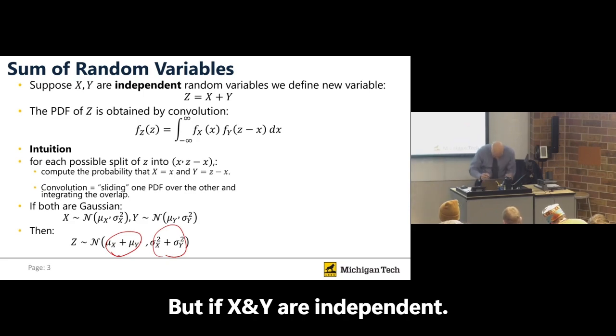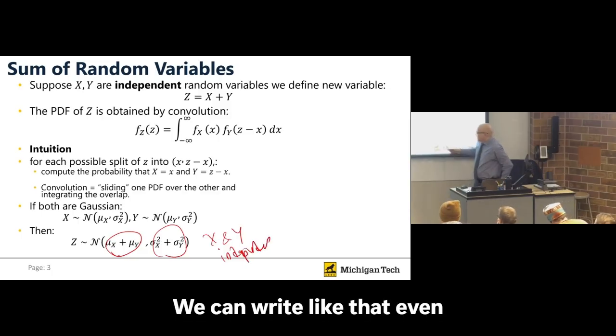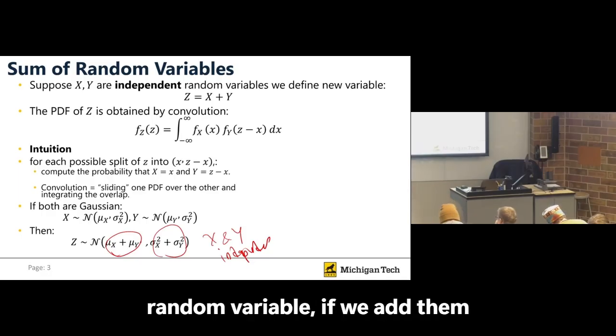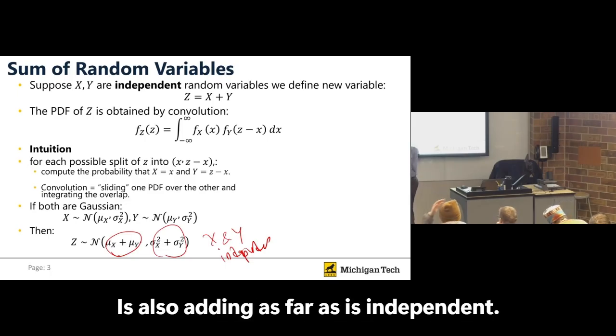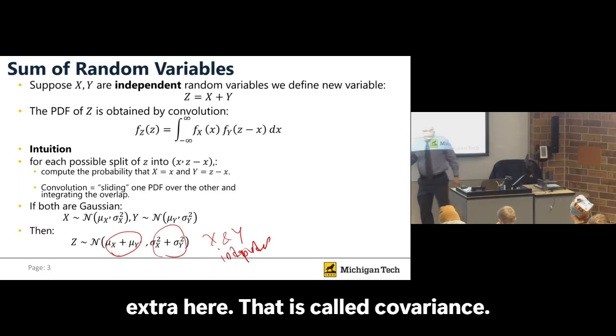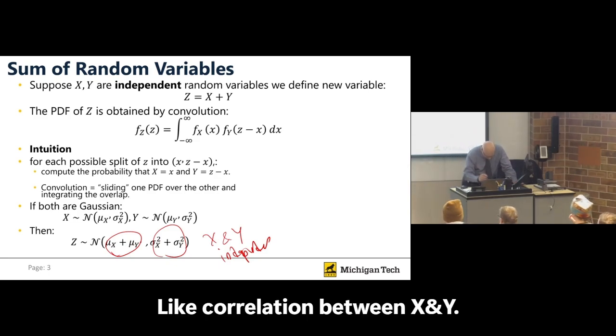But if x and y are independent, we can write it like that. It doesn't even need to be Gaussian. For any random variables, if we add them together, the mean and the variance also add, as long as they're independent. If they're not independent, we have some extra term that is called covariance. We're going to see that today as well, like the correlation between x and y.